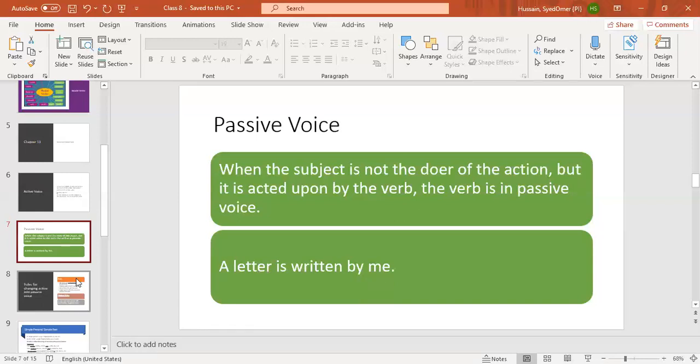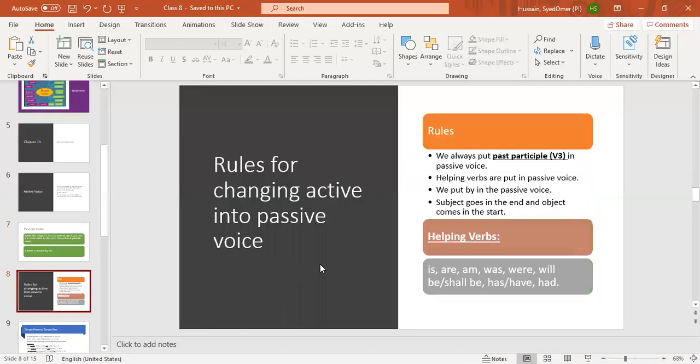Now, rules. When you learn the rules, then you can easily change active into passive voice. Please first note down these rules, then I will explain. Quickly note them down. When you have noted down the rules, please raise your hand so that I can start explaining.